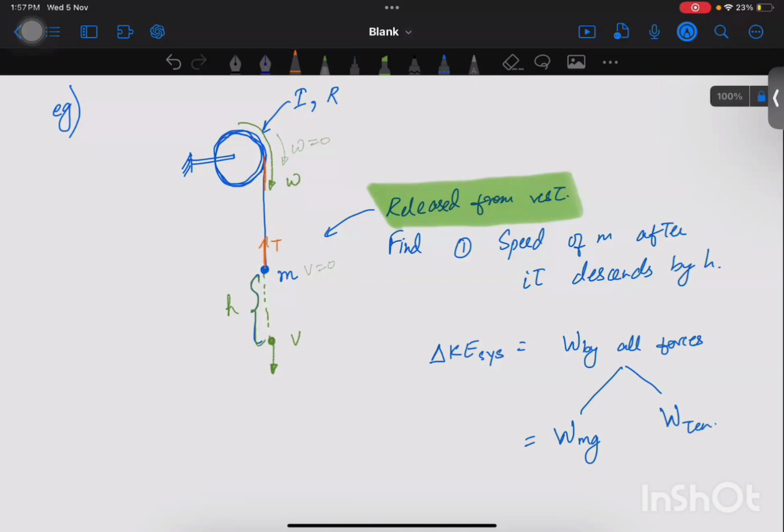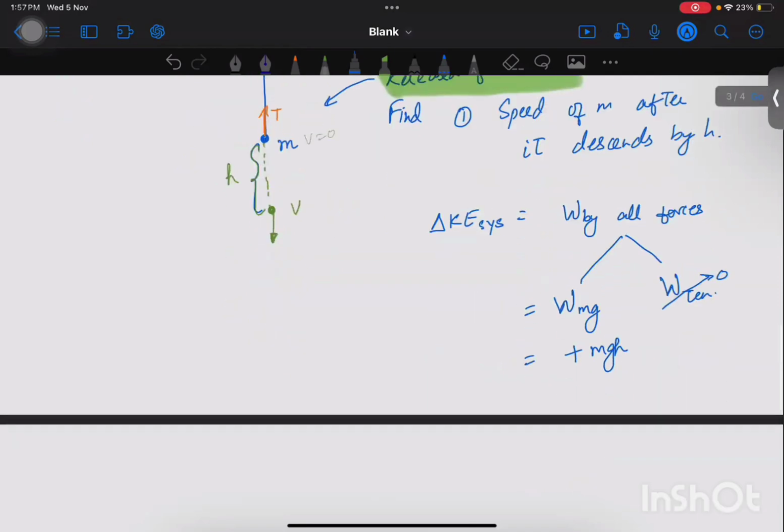Over here, it will do some positive work on the pulley, and over here, it will do equal and opposite work on the point mass. So, as a whole, the force of tension will never do any amount of work. So, therefore, this part over here is simply equal to 0. And since the descent over here is by a height of h, directly you can write plus mgh itself.